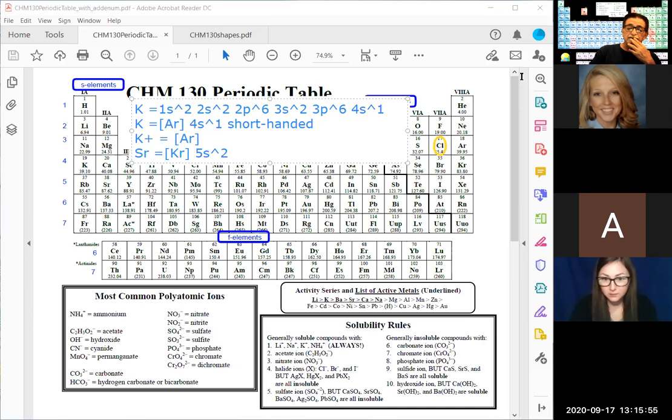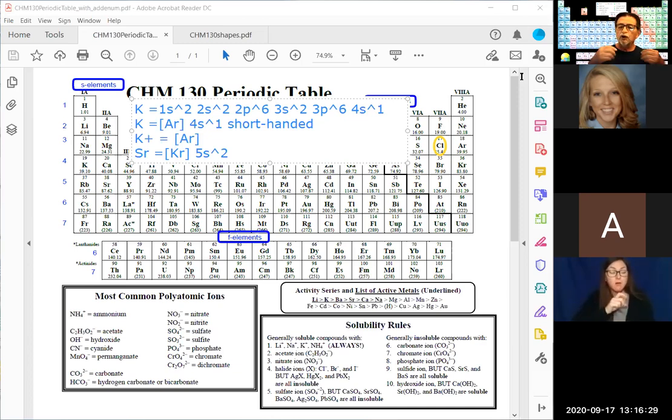Well, any other questions on electron configuration? Okay. We use electron configuration to help us understand what is happening chemically. Why is it that there's a bond between sodium and chloride later on as we start making compounds? And again, when these elements start to gain or lose electrons, if it's a metal, it will always lose an electron.